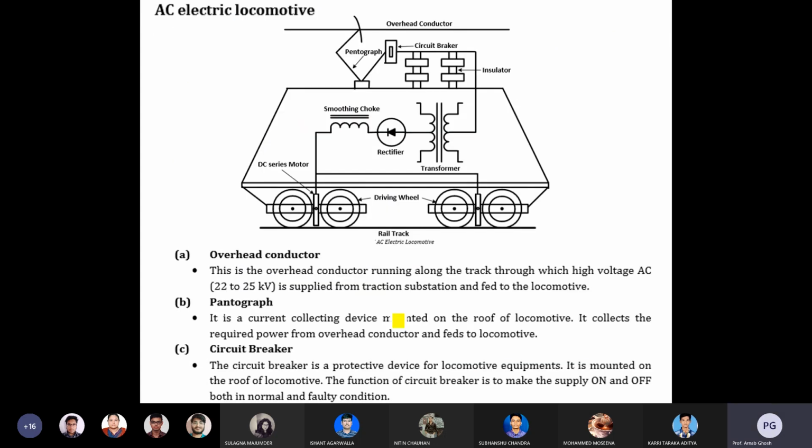Now we are discussing the AC electric locomotive. What are the most important features for our normal AC EMU?